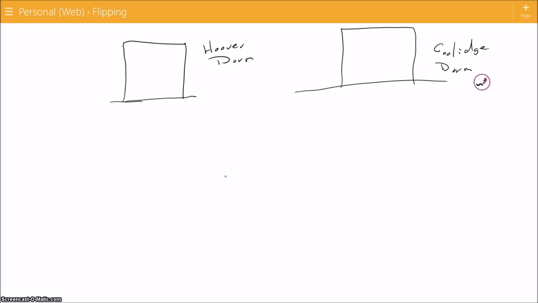Let us say that we want to compare weekly instant ramen noodle consumption of the students in Hoover dorm with the students in Coolidge dorm. So I'm going to call this my population number 1 here, and these will be my population number 2. Now, in order to do the comparison, we need to know a few things.